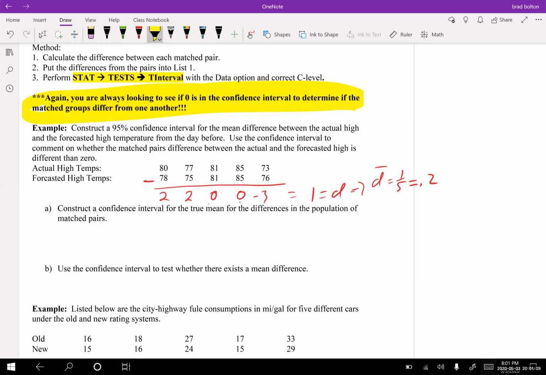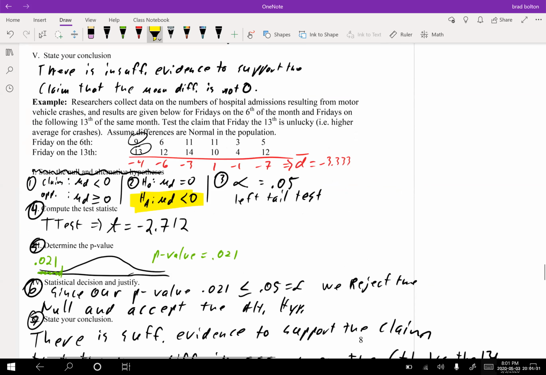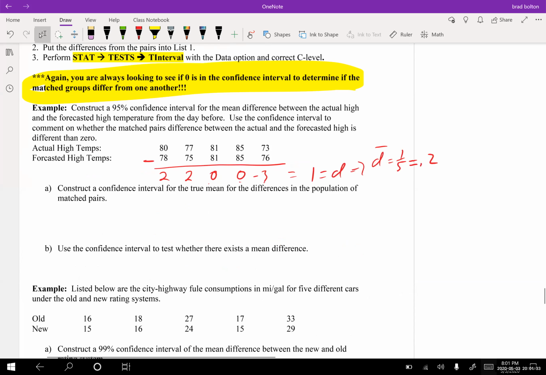Just like before, I'm going to do top minus bottom. So I got 2, 2, 0, 0, -3, and that gave me a difference of 1. And when you find the mean of that, you get 1/5 or 0.2.